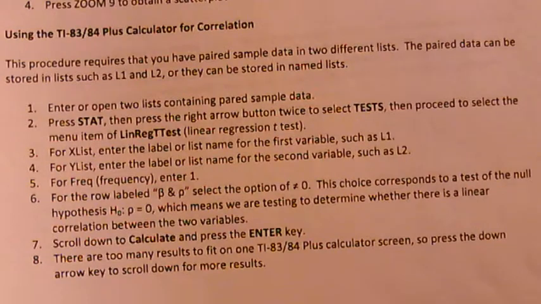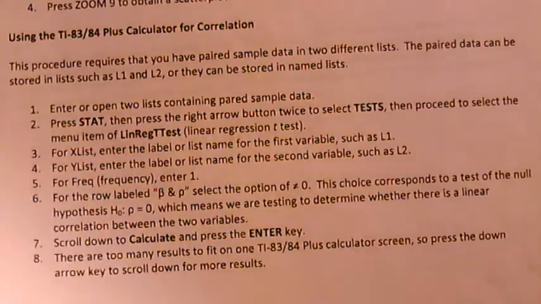Then you'll scroll down to calculate and press the enter key. You might have to press the down arrow key to scroll down for additional results, because there are too many results to fit on one screen. So that's the procedure here.